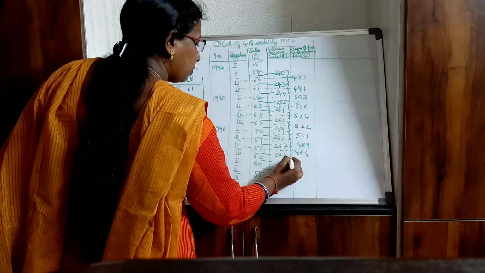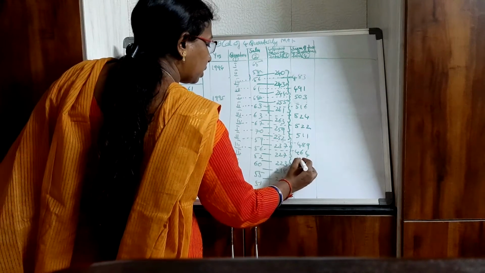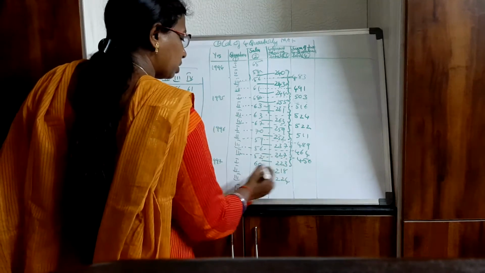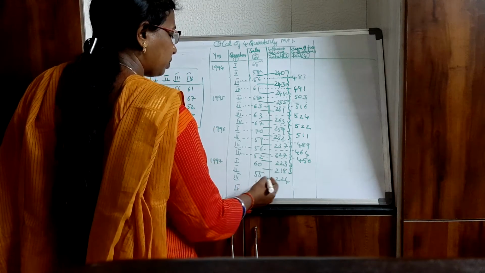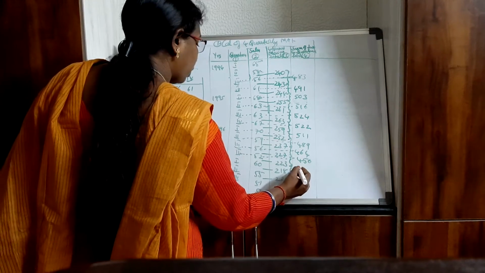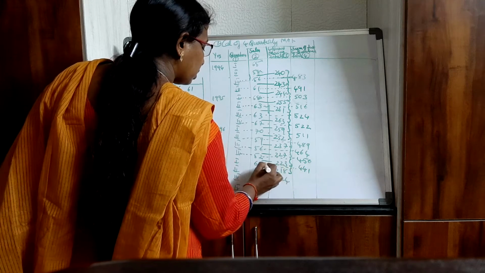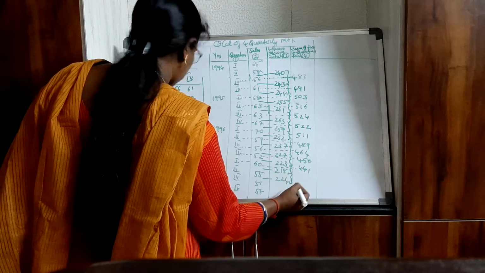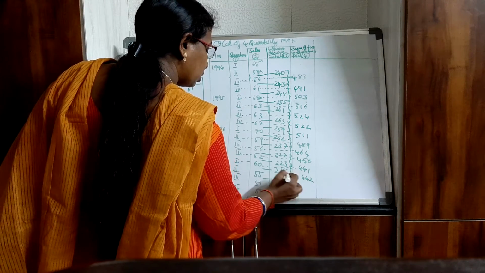Then 227 plus 223, which is equal to 450. Now corresponding to this quarter. Then 223 plus 218, which is equal to 441. Then 218 plus 224, so 218 plus 224 is 442.